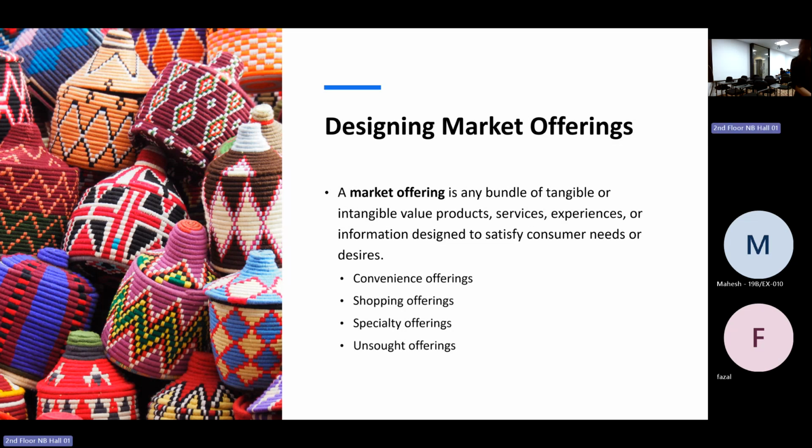Convenience, in front of that, write down: less expensive, frequently purchased products. Examples, you can write essential products that we use, like foods.